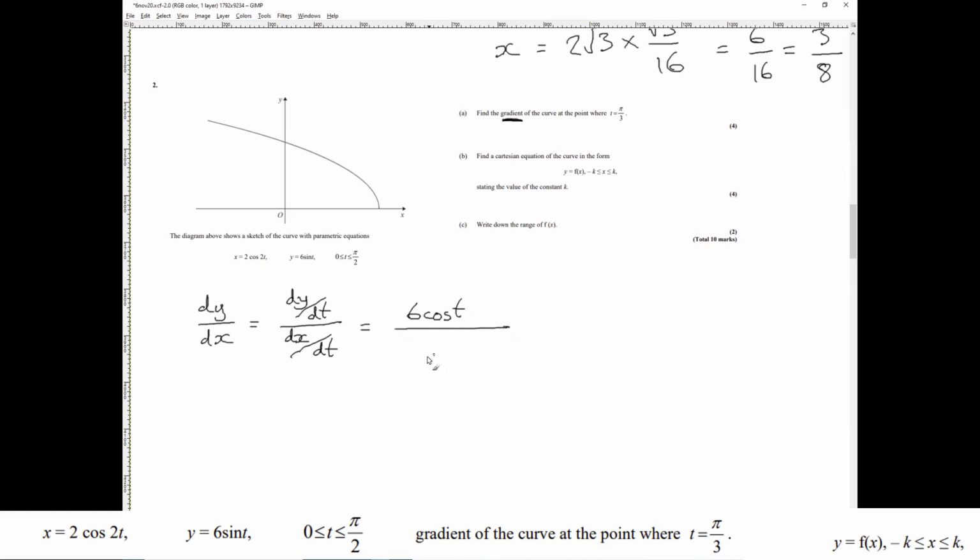Over dx by dt. So it would be minus 2 sine 2t.